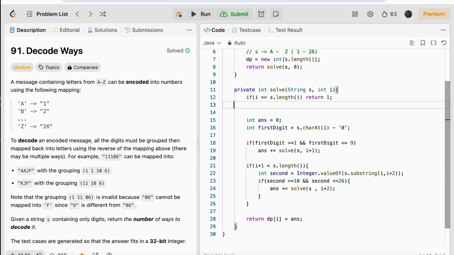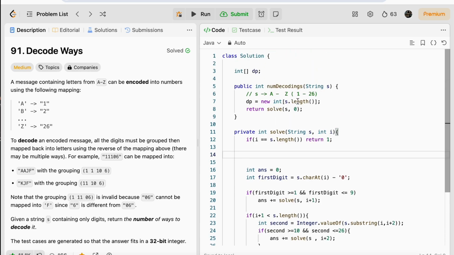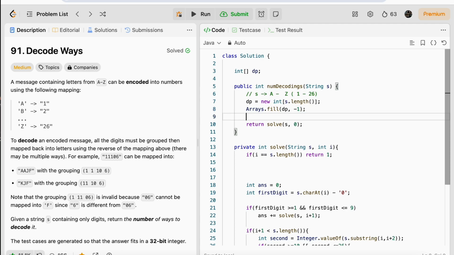Before processing, we will see whether we have the answer stored or not. But before that, zero can be the answer from any index. So we are going to fill this dp with some different value that cannot be the answer: Arrays.fill(dp, -1). I hope you got why I'm doing so, because 0 can be our answer.